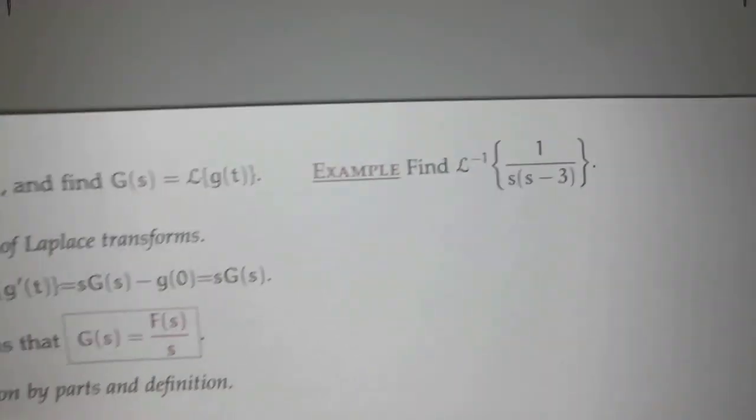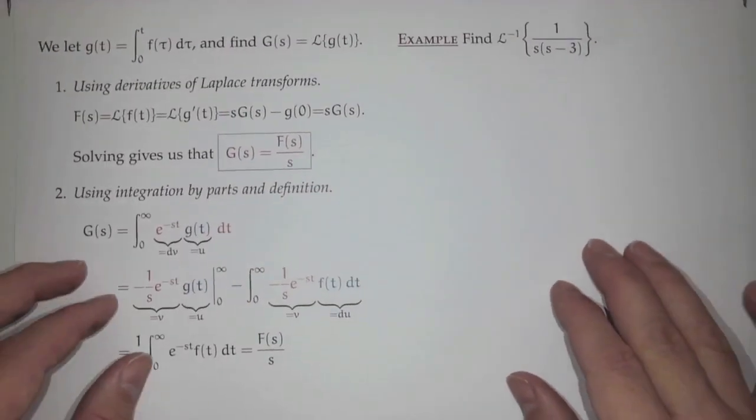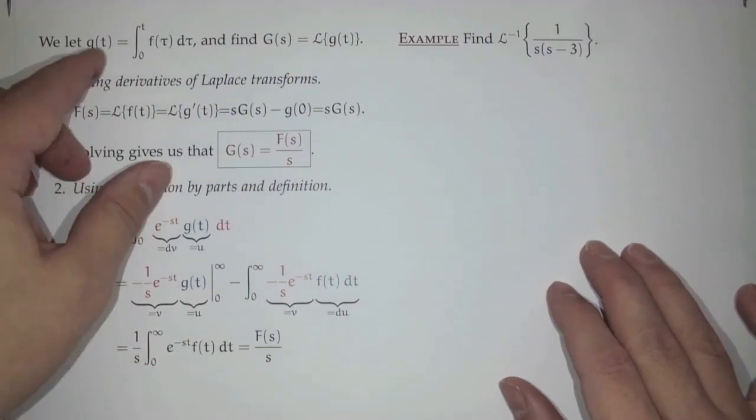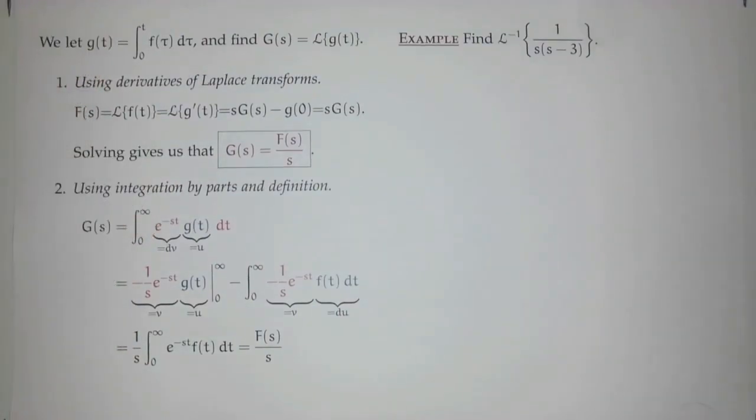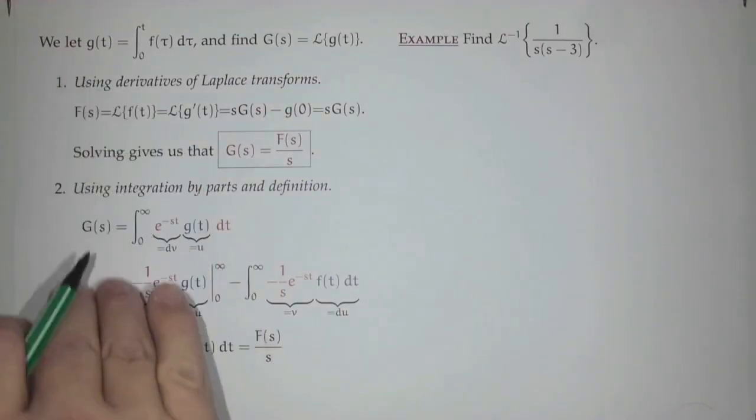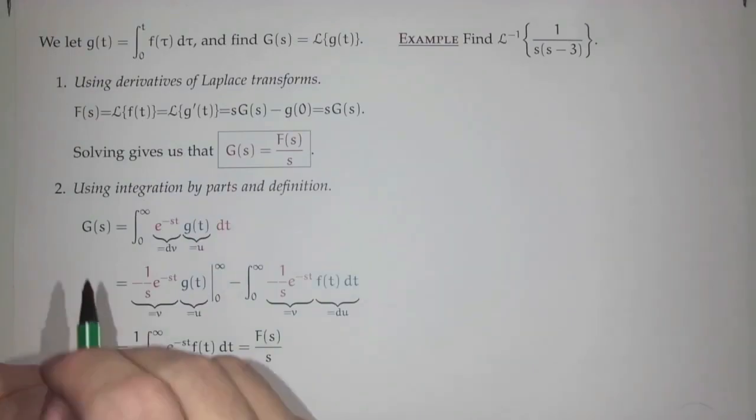All right. So our goal is to look at a function g of t, which we create by saying do the integral from 0 to t of f of tau d tau. And then we're going to find the Laplace transform of that. So that's our goal. Before we get into it, we actually have two different proofs we'll go through.